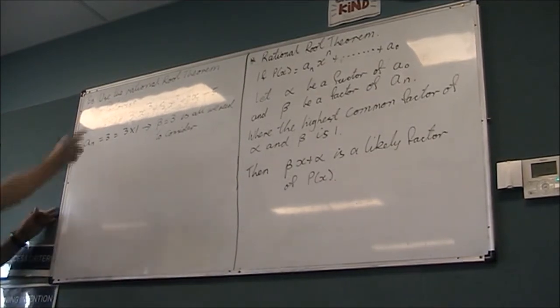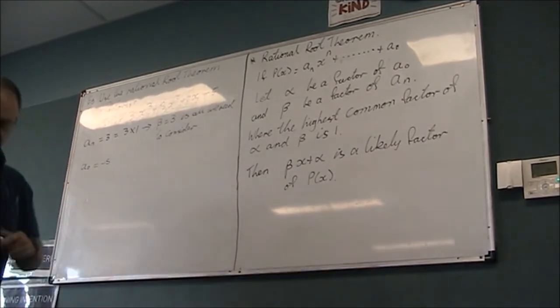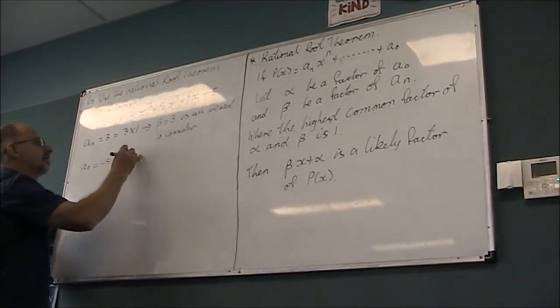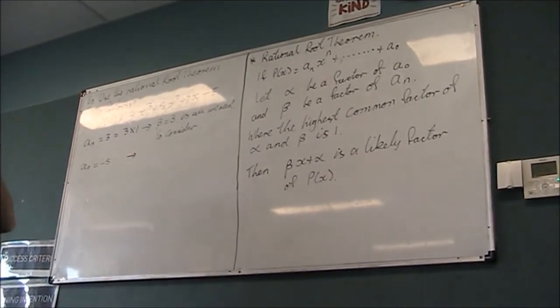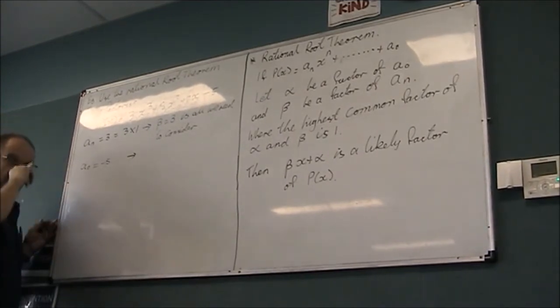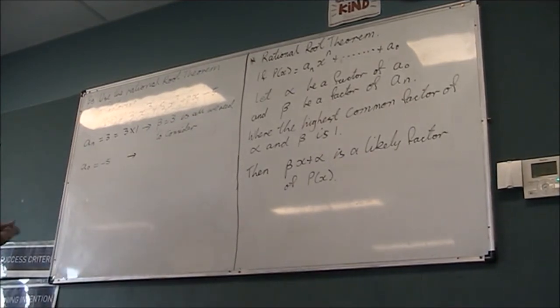Alright, the number on the end, which is our A0, that's -5. Now -5 we can get in a few different ways. So factors of -5, well, it could be 1 times -5, -1 times 5, be either of those, couldn't it?